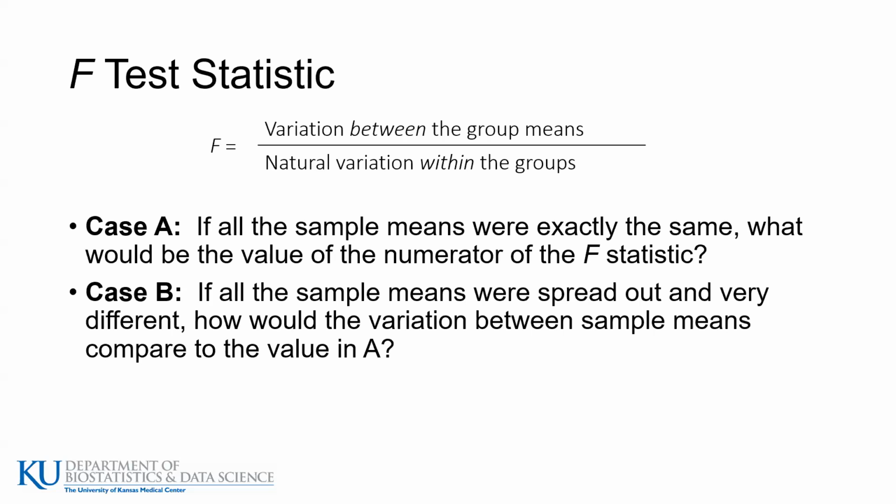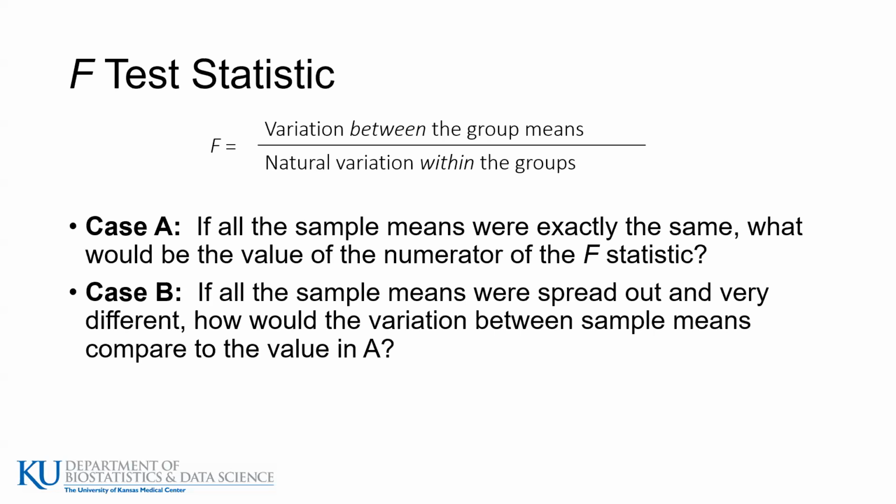So in this case, we would expect the numerator of the F statistic, which captures the between group variation, to be 0, because there's no difference in the means of the three groups. So here the F statistic itself would also be 0 or very close to it.